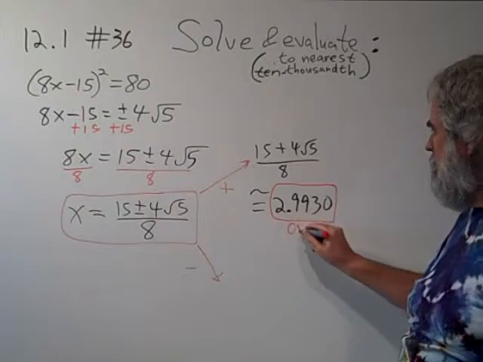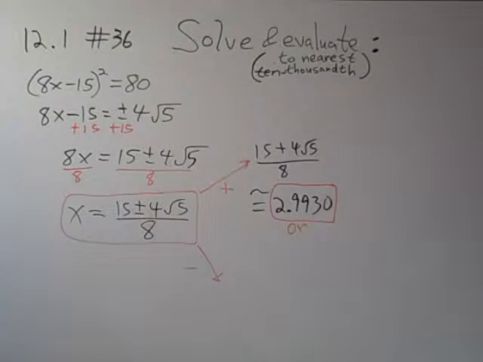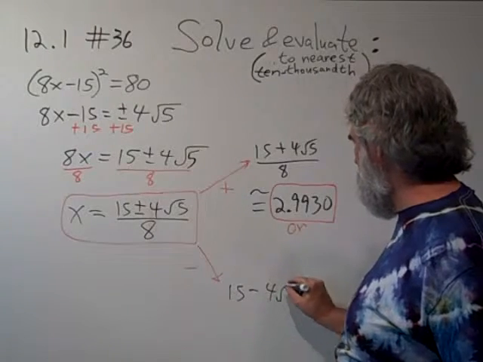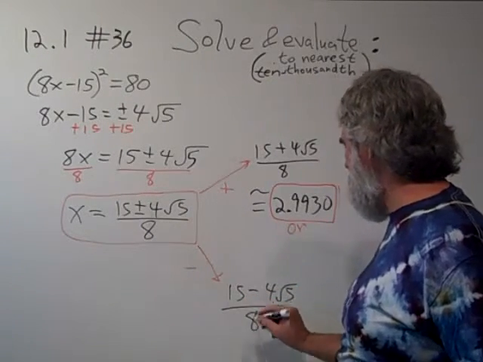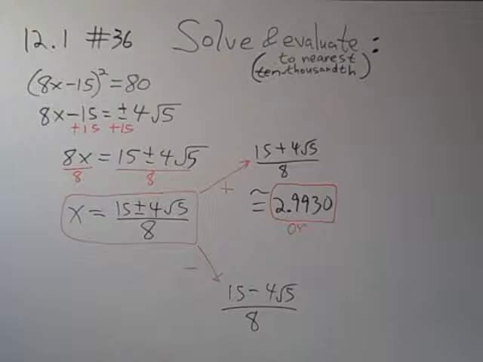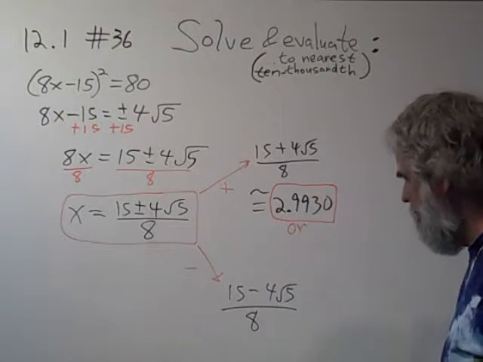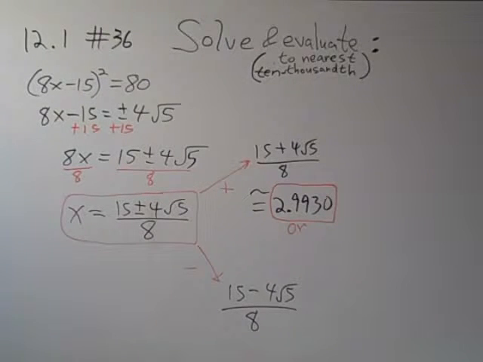That's one of our solutions. The other one will come from picking the negative instead of the positive in the middle here. So we have 15 minus 4 radical 5, divided by 8. Calculating that, we first find the square root of 5, multiply it times 4, and then subtract that from 15.